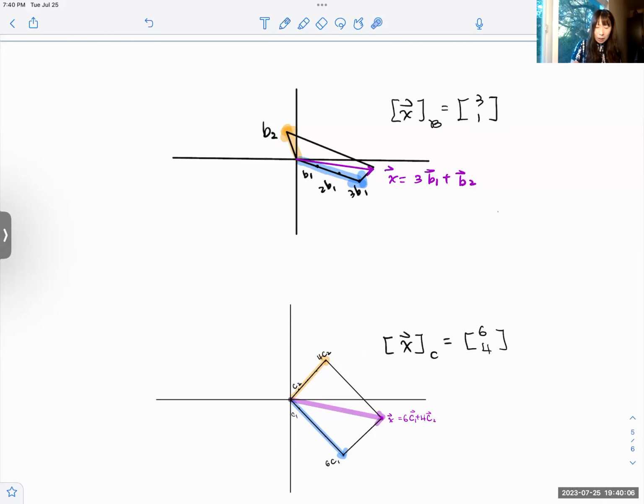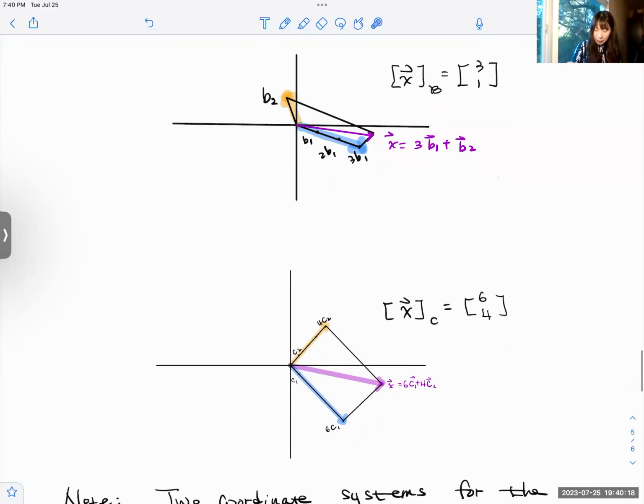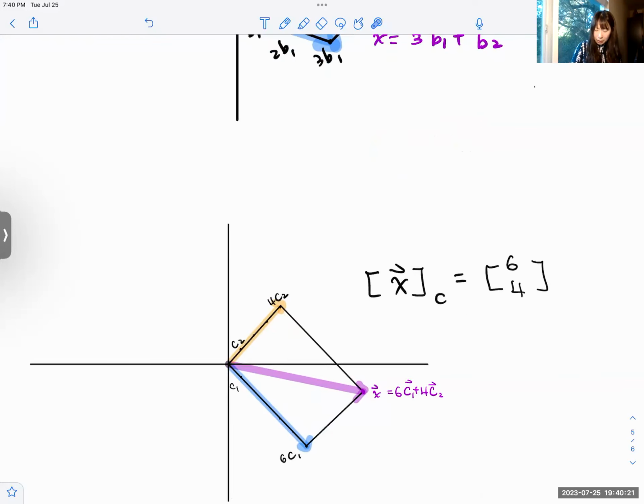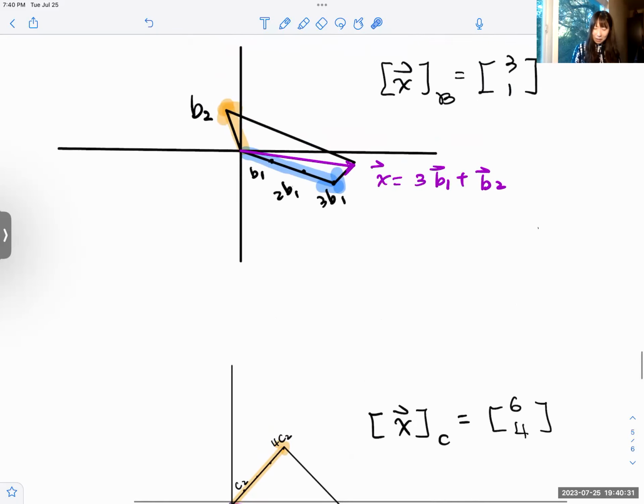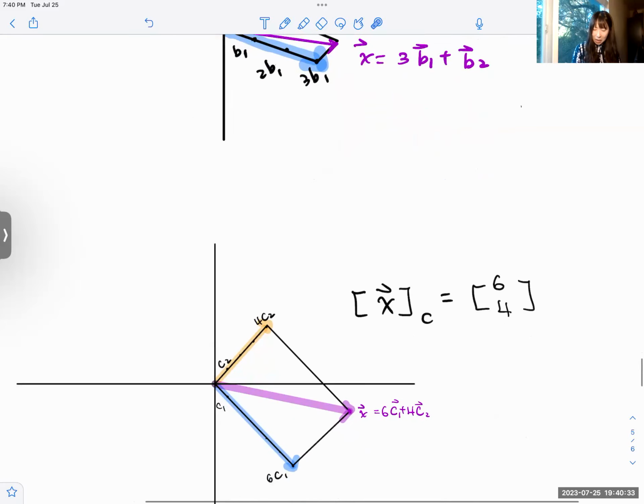Then x is there. Yeah, it looks like a parallelogram. And it's hard to see, right? This is C. Thank you very much. This is the C basis vectors, basically, right?